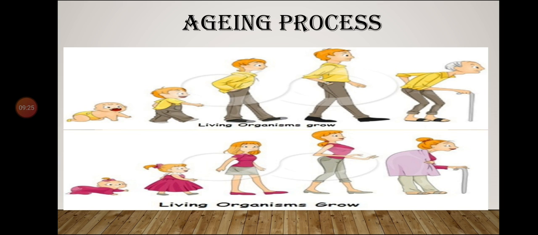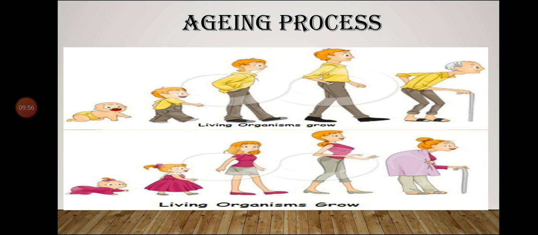So every living organism shows this process. They become old, and after this, the next characteristic that all living organisms show is death. As the body loses its capacity to perform metabolism, the organism dies, and that is also considered one of the characteristics of living organisms.